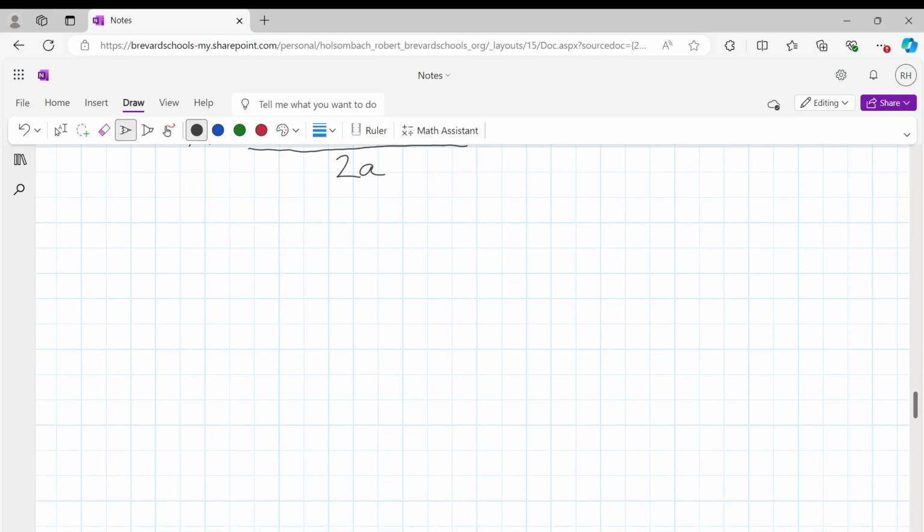Now, here's how this works. If b squared minus 4ac is greater than 0, there are two real solutions.